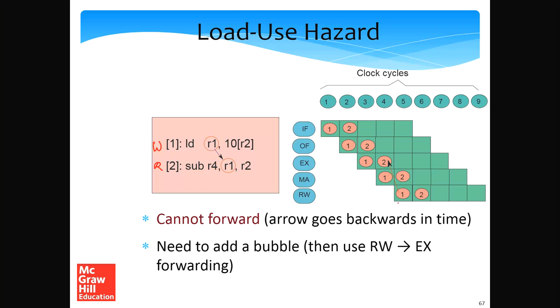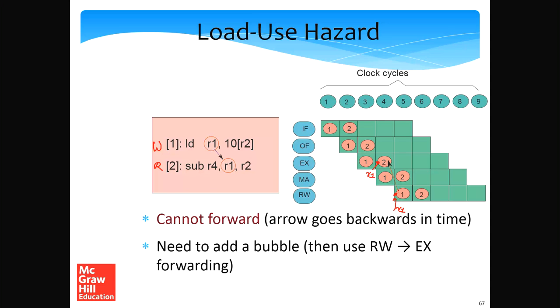So let's look at cycle number 5, when the value of R1 would just be available with instruction 1. But the sad part is that instruction number 2 will be in the EX stage in cycle 4, and at the beginning of cycle 4 is when we need the value of R1.